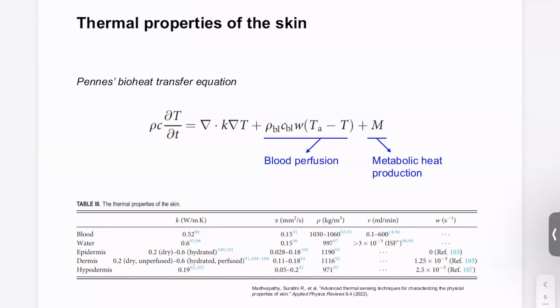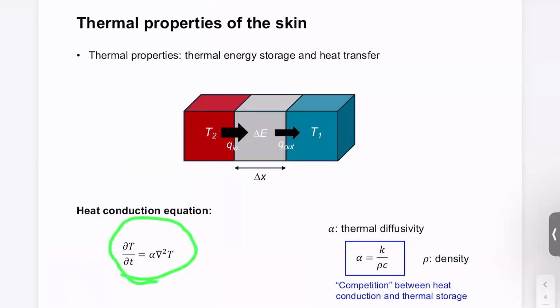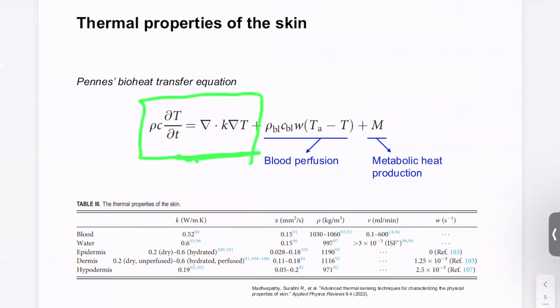And for our skin, we have additional terms to consider. If we just look at the two terms on the left, this is exactly the equation we were just talking about, in a slightly different form. But we need to consider that our skin is perfused with blood. Blood is very good at carrying heat or taking heat away, right?